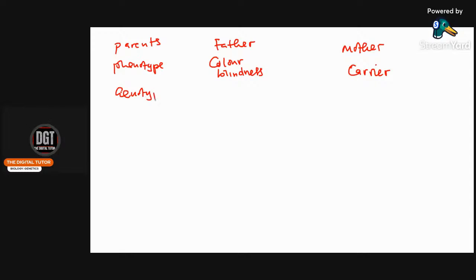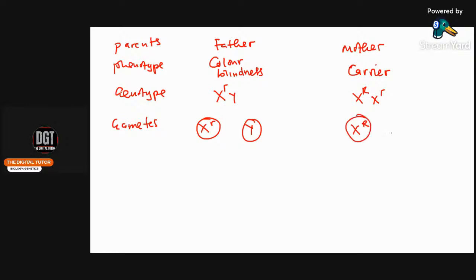Now, what about the genotype? For the father who is sick, we put XrY. The mother is going to be XR Xr. Then for gametes, we put Xr and Y for the father, and XR and Xr for the mother.